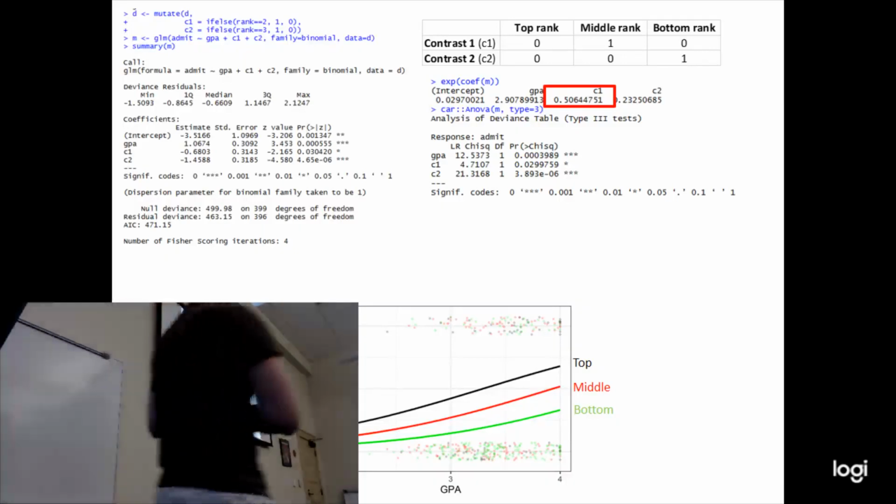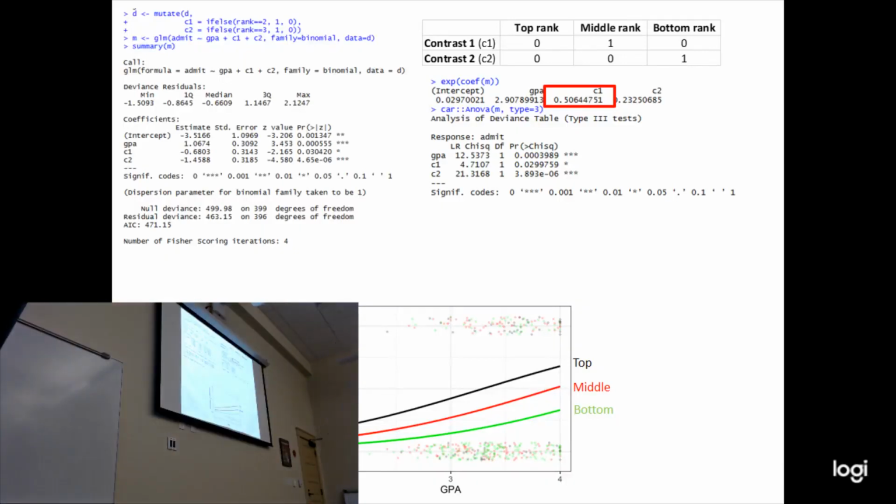All right. How about this coefficient for C1? Someone try to put that into words, what that might mean. C1 represents the difference between top and middle, right?